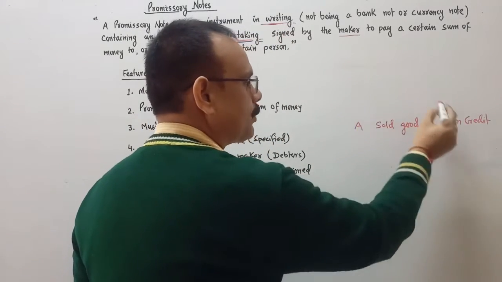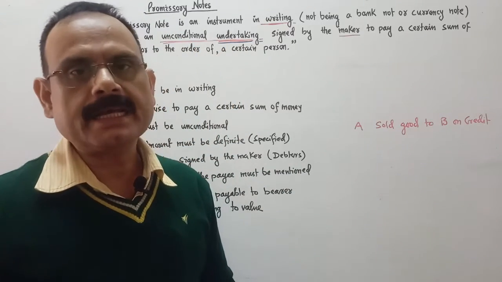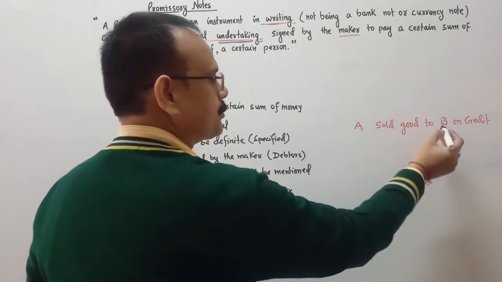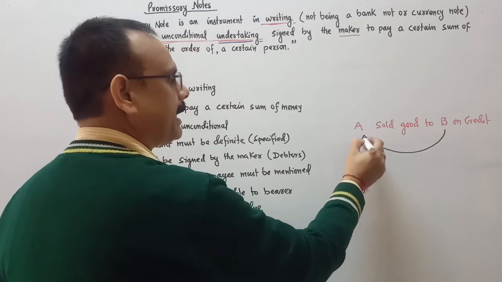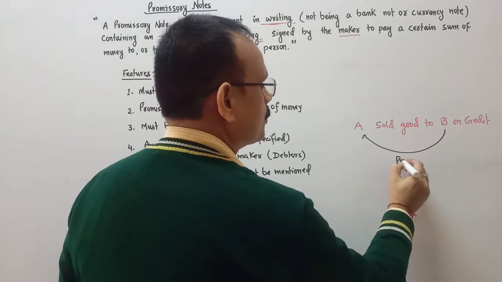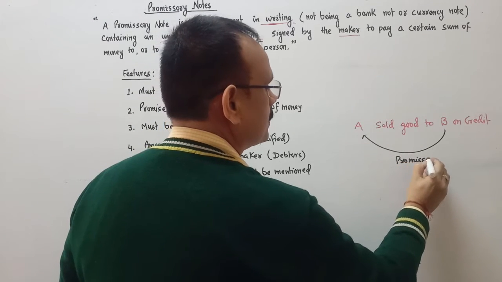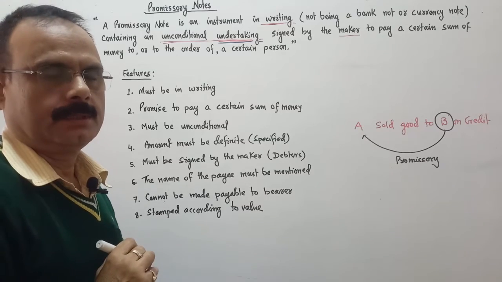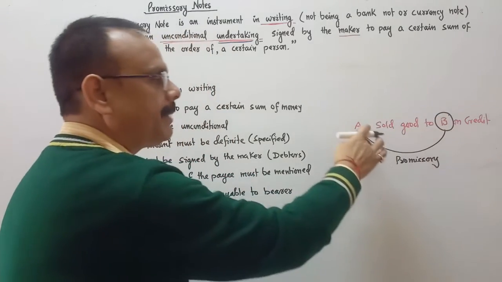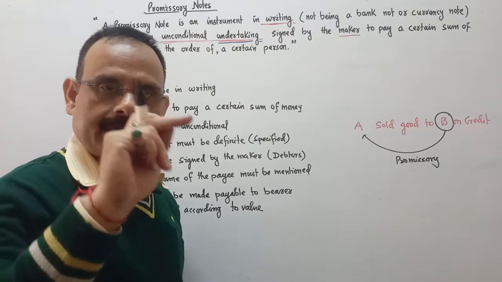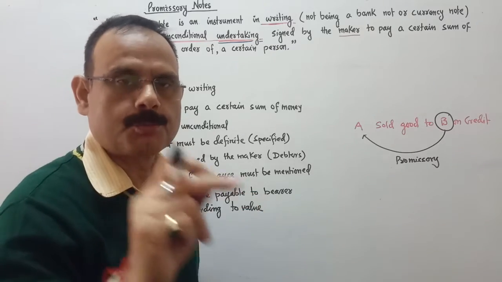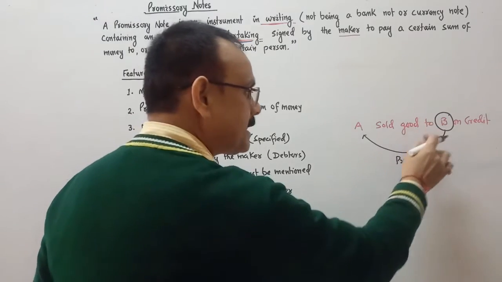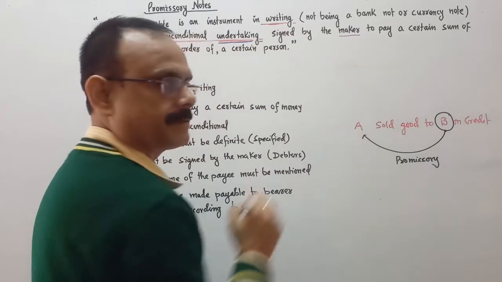Here A is not going to draw the bill on B, but B is going to draw the bill on A. The promissory note is drawn by the purchaser, and he promises to make payment of the amount of the bill to the seller on the due date. It is drawn by the purchaser here.